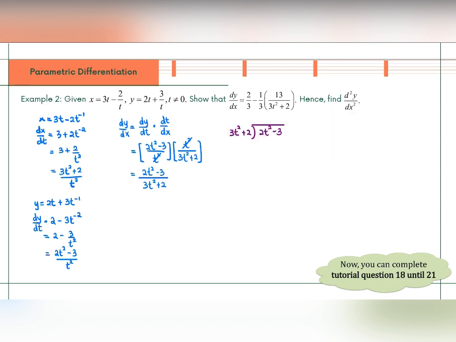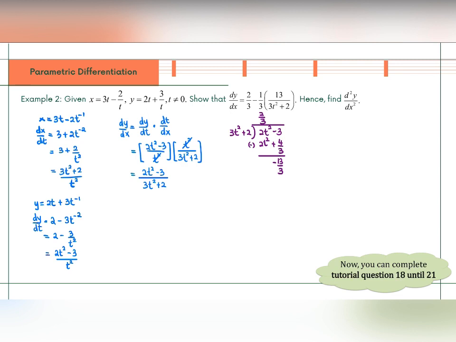So, that means dekat sini kita ada 2 per 3. Multiply by 3t squared, kita akan dapat 2t squared plus 4 over 3. So, tolakkan mereka berdua. So, negative 3 minus 4 over 3, I have negative 13 over 3.